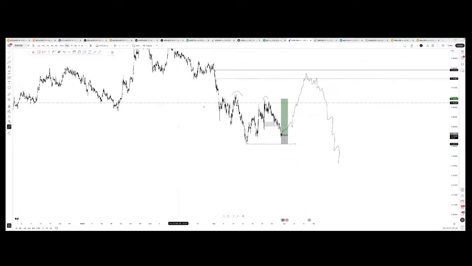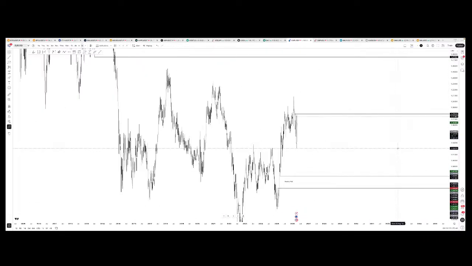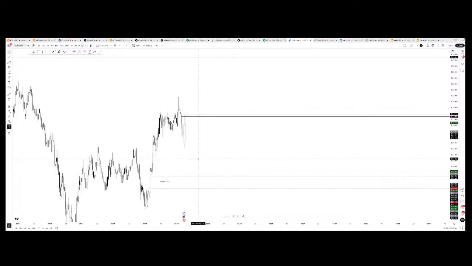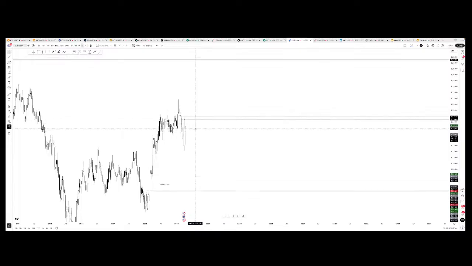There is a chance, by the way, that we're gonna just sweep this and go more down. If we do this, we have a weekly FVG below, but I don't think we're gonna go straight down towards there. That is why I was saying I do believe this low is gonna hold, and we can see some pumps in this FVG at 1.16 and 1.17.